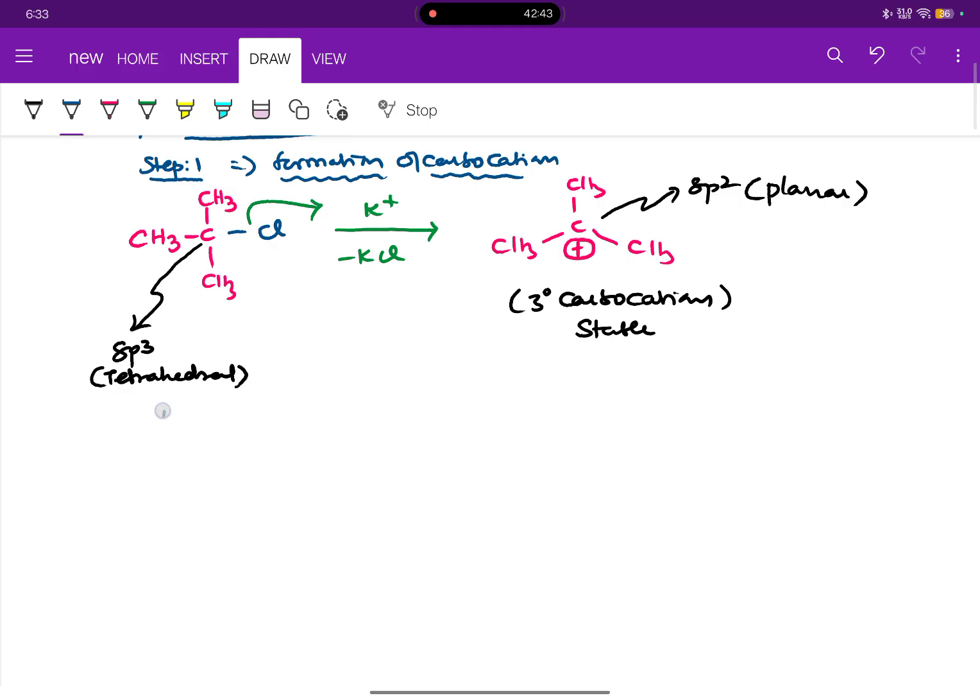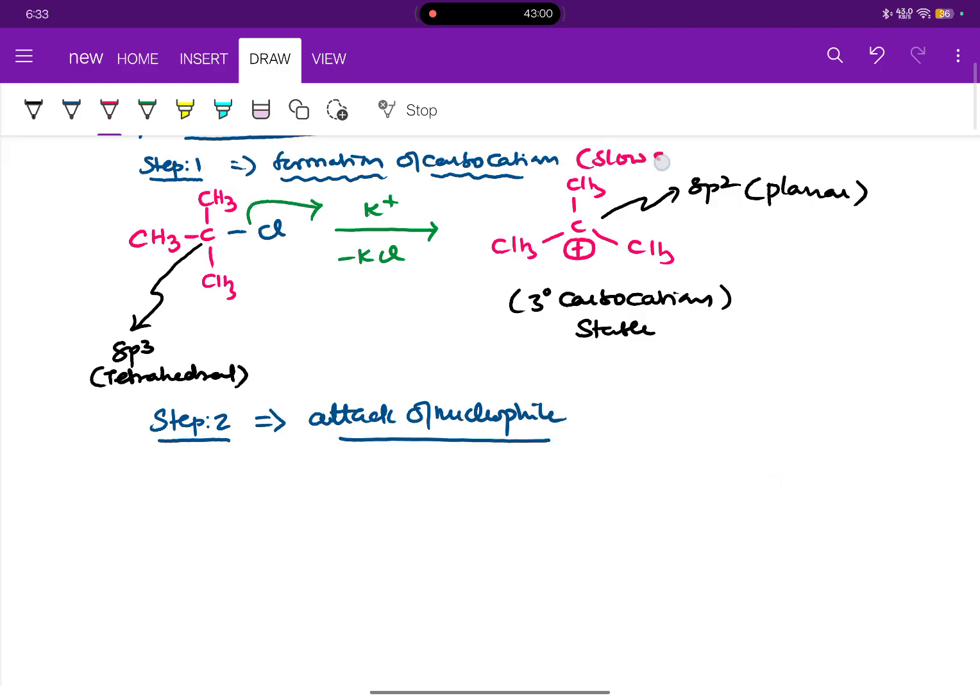Right, now let us go for step number 2. So step 2 is nothing but attack of the nucleophile. What did I say? The first step is the slow step, do you remember? Sir. And this will be your rate determining step. Similarly, the second step, that is attack of the nucleophile, is a fast step.